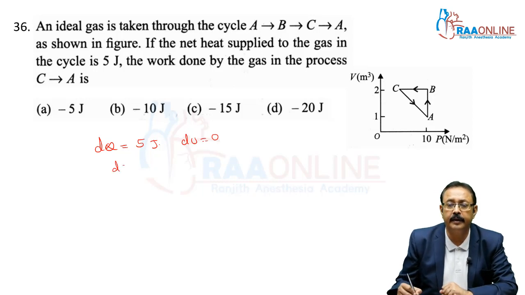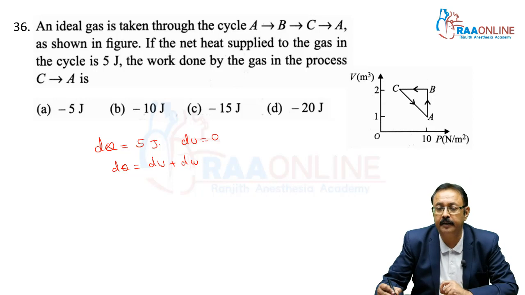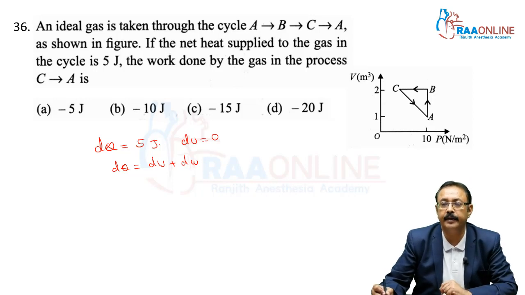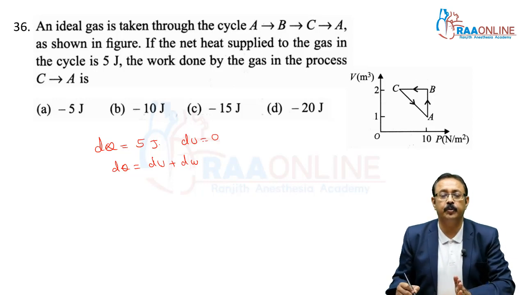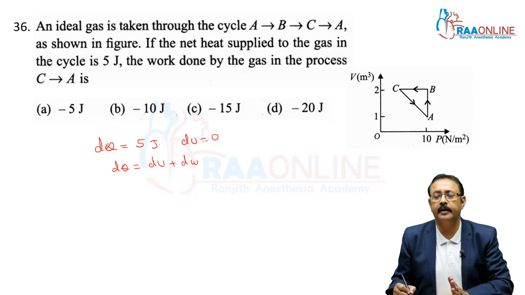But we know that dq equals du plus dw. We went A to B, then B to C, then C to A. We came back to A, change in internal energy 0. Heat supplied to the system was 5 joule. Change in internal energy was 0.